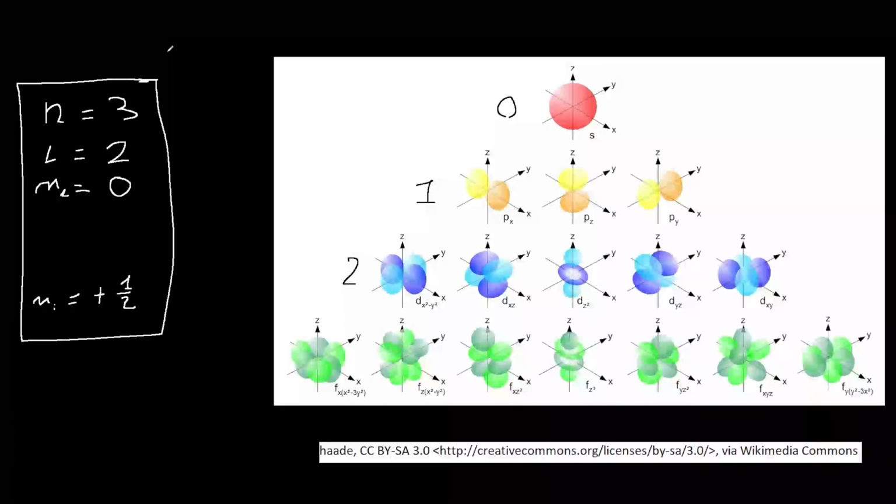Which is perfect because that means that we could have 2 per orbital, but nothing more. There can be something less, and that perfectly describes what we see in the real world.